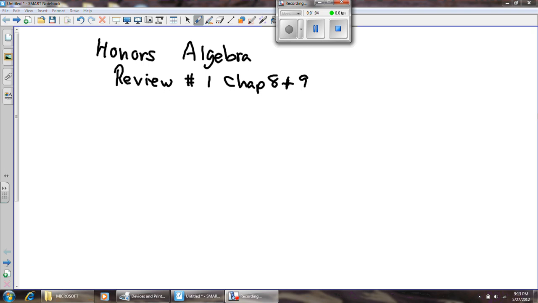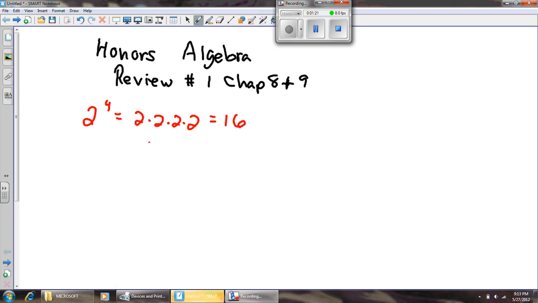All right. First of all, Chapter 8, Laws of Exponents. Real simple stuff. Remember that 2 to the 4th is not 8. It means 2 times 2 times 2 times 2, right? Which will be 16.